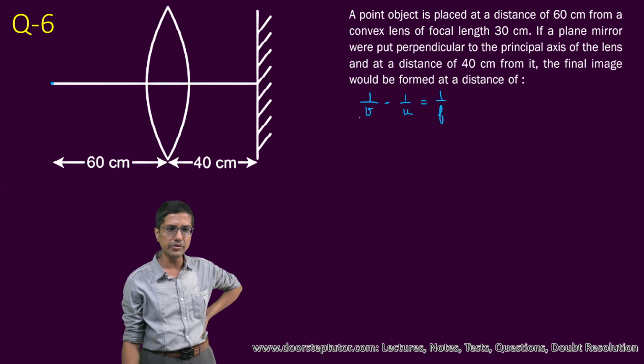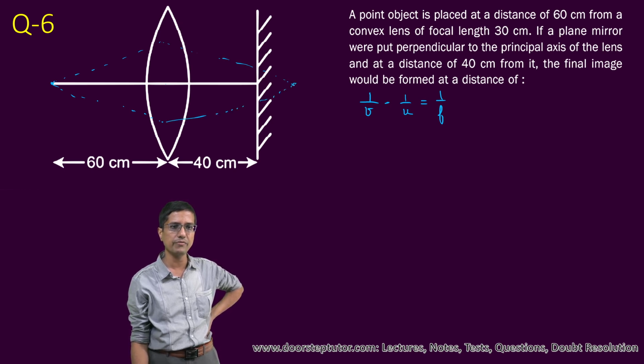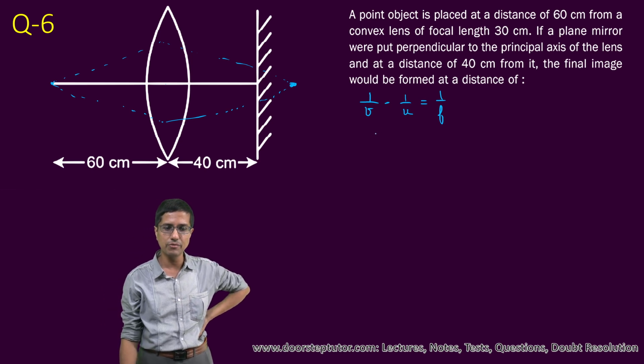Now, if I substitute the values, the light rays are going like this, and the same thing will happen here at the bottom. They will go like this, and then they will converge. We are trying to find out at what point they converge. I already know where they will converge, but let us find out.